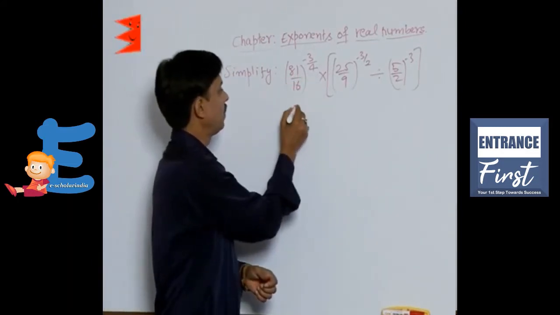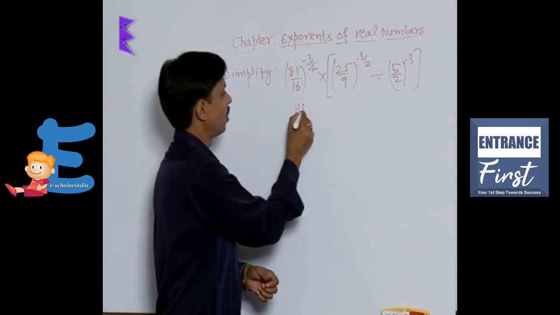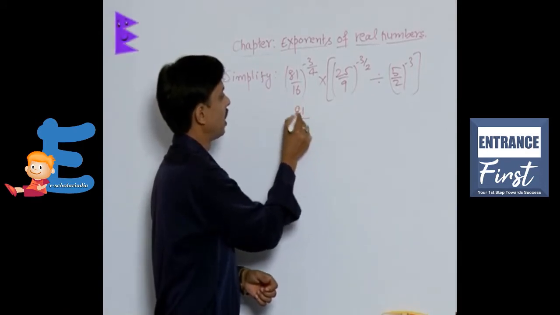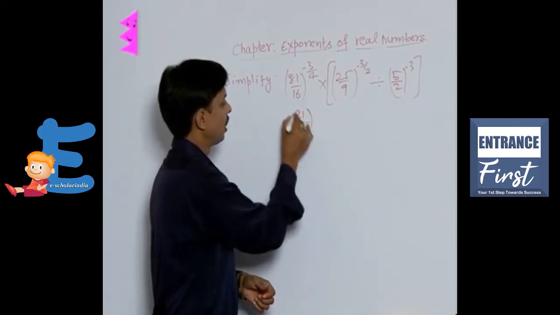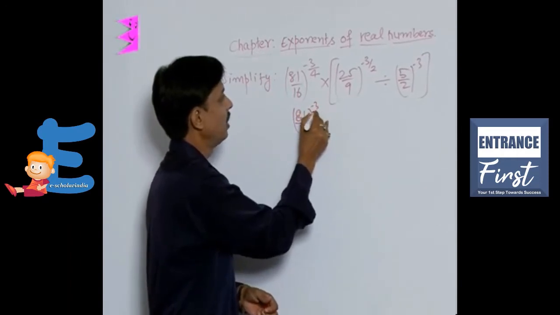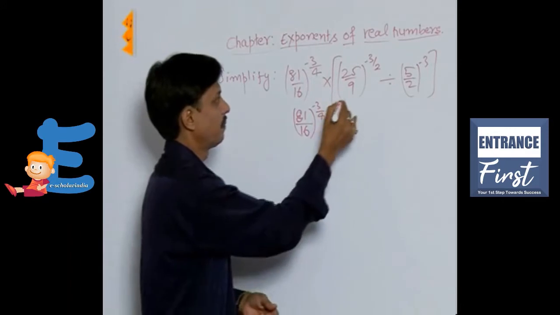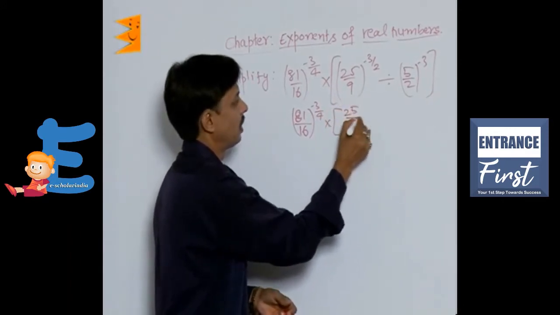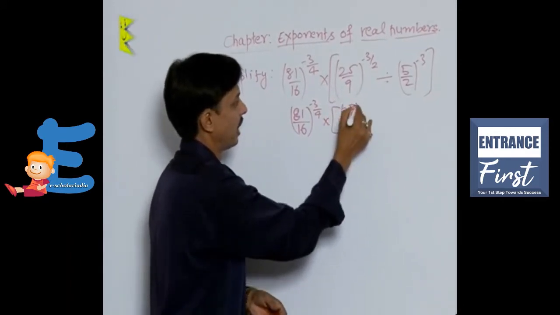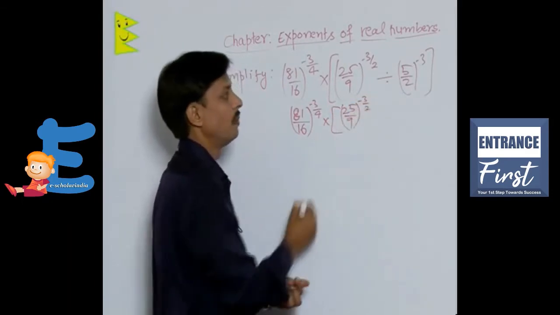It is 81 upon 16 raised to the power minus 3 by 4 multiplied by the big bracket 25 upon 9, that's to the power minus 3 by 2.